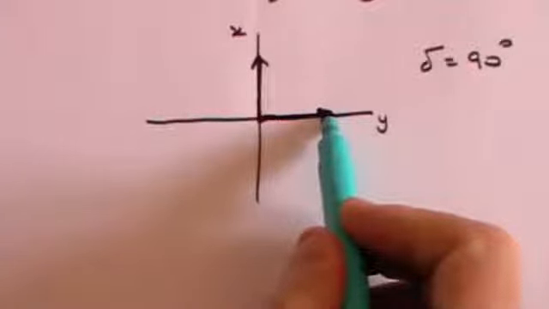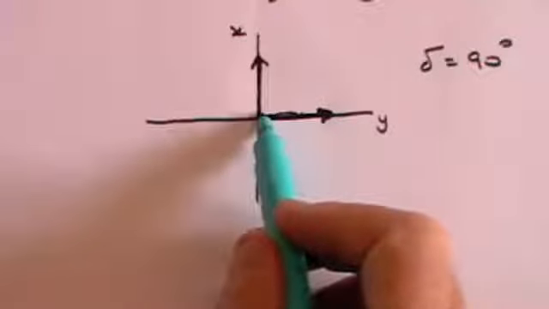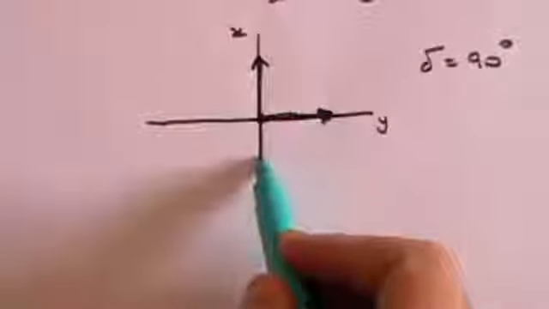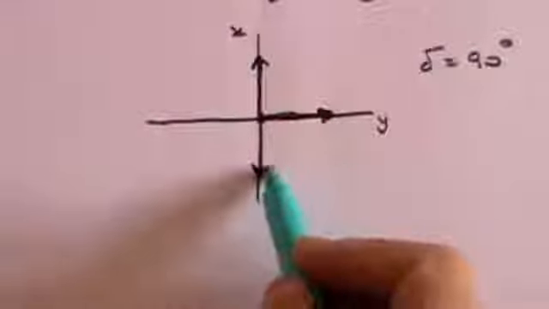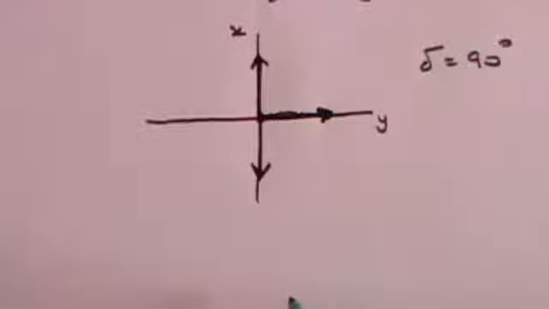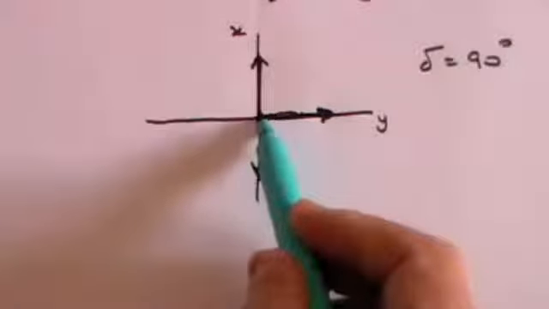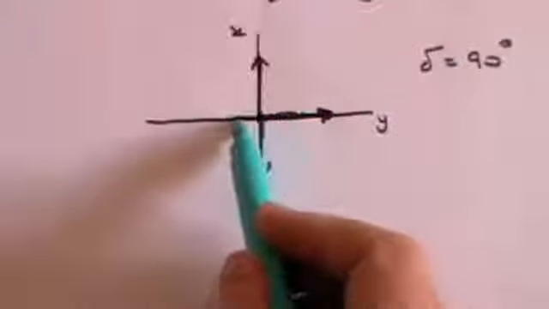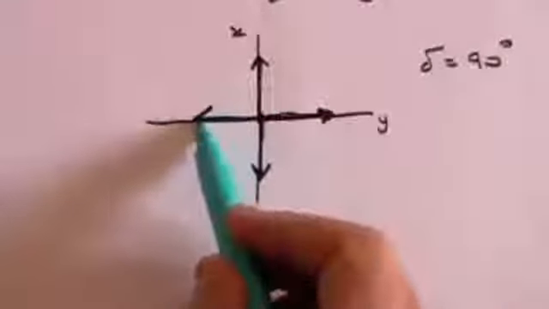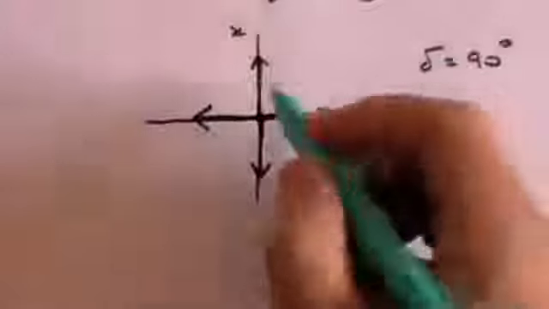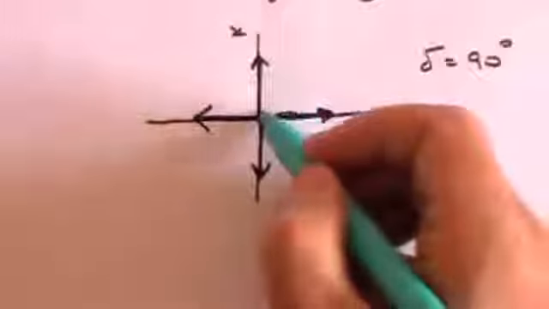Now let's go on another quarter of a wavelength. Now this y field has reduced to 0, but the x field has now increased to a maximum in the other direction. Now let's go on another quarter of a wavelength. This will have gone back to 0 again, and the y field will have gone to a maximum in its direction.